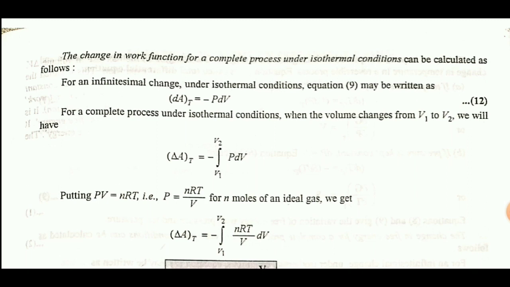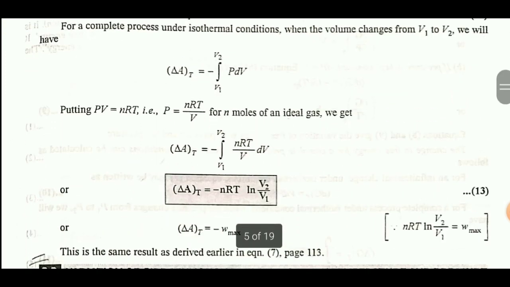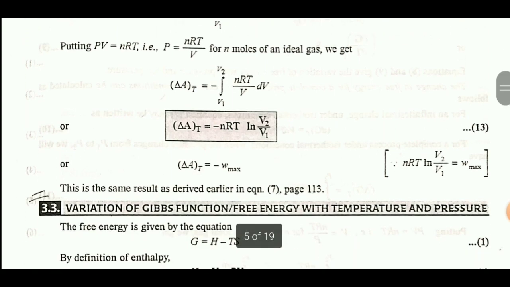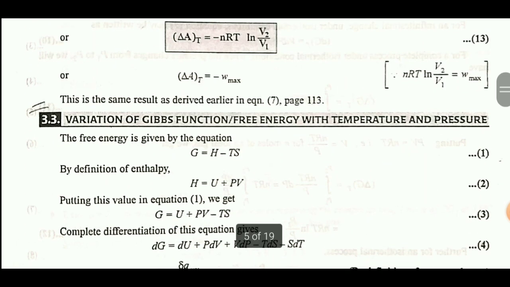Putting PV = nRT, that is P = nRT/V for n moles of an ideal gas, we get ΔA at constant temperature = -nRT log V2/V1. This is the same result as derived earlier in equation 7, page 113.